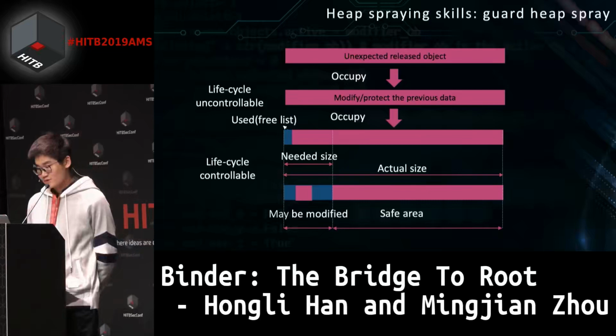We write the code of the get_root_gid and change the machine code to the right side one, to write the uid, gid, euid to 0.